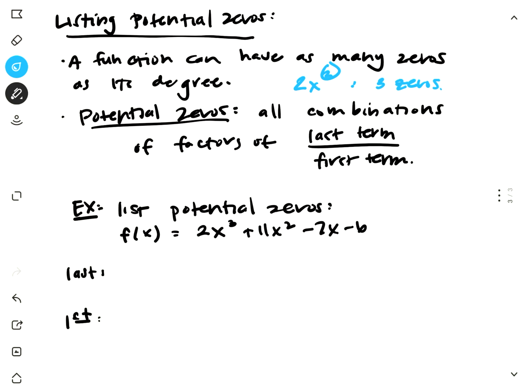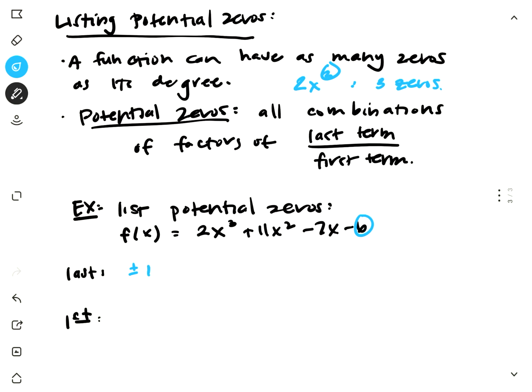Okay, so if we look at this next example, it says list the potential zeros of f of x if f of x equals 2x cubed plus 11x squared minus 7x minus 6. Okay, so look at the last term. The last term is 6, right? So we can have positive and negative. We're going to list all the factors of 6.